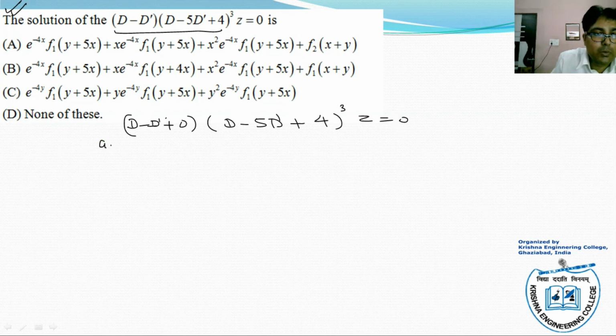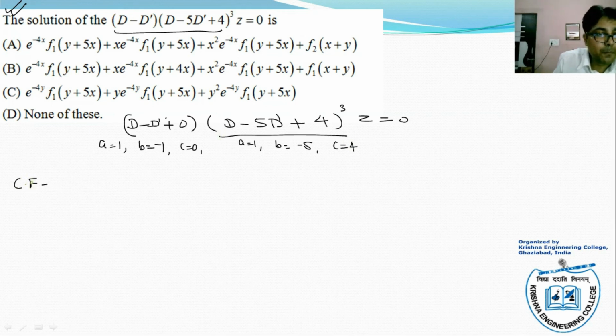So here in this factor a is equal to 1, b is equal to minus 1 and c is equal to 0, and in this factor a is equal to 1, b is equal to minus 5, c is equal to 4, but this factor is repeated 3 times.